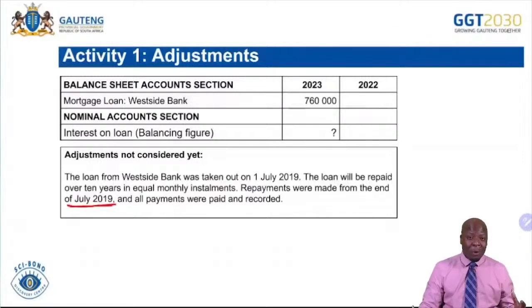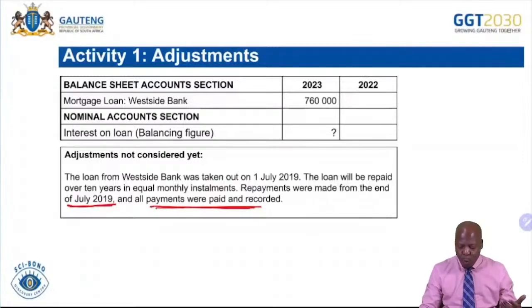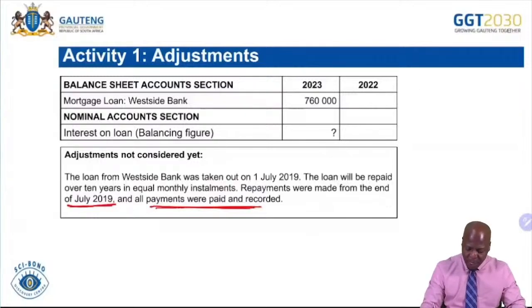So we don't owe for the loan. We don't owe for the loan. All right? And all payments were paid and recorded. So they're trying to tell us that we have been making payments right from the first day we took the loan. Okay, let's begin, and we want to see what we are required to do here.